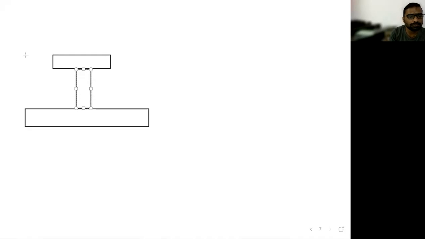Take down one problem. This is the symmetrical line. This is 60 mm, 60 mm.